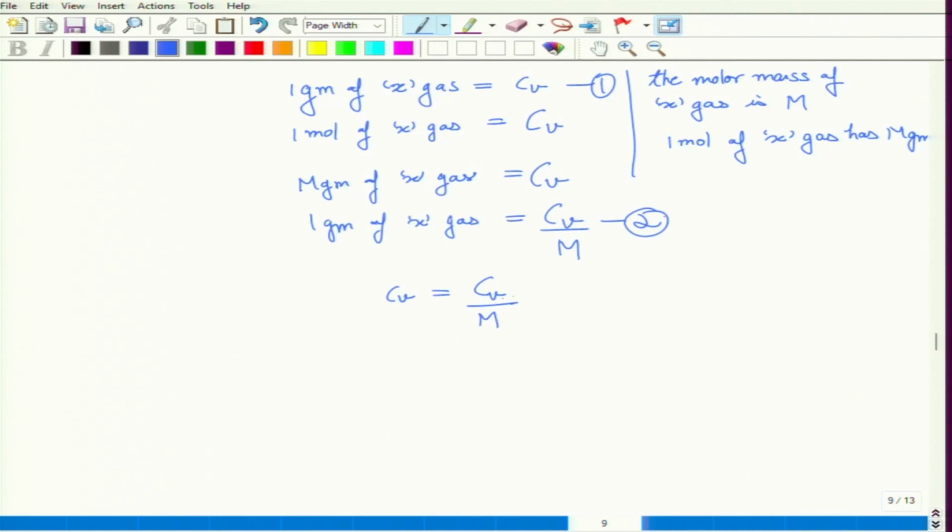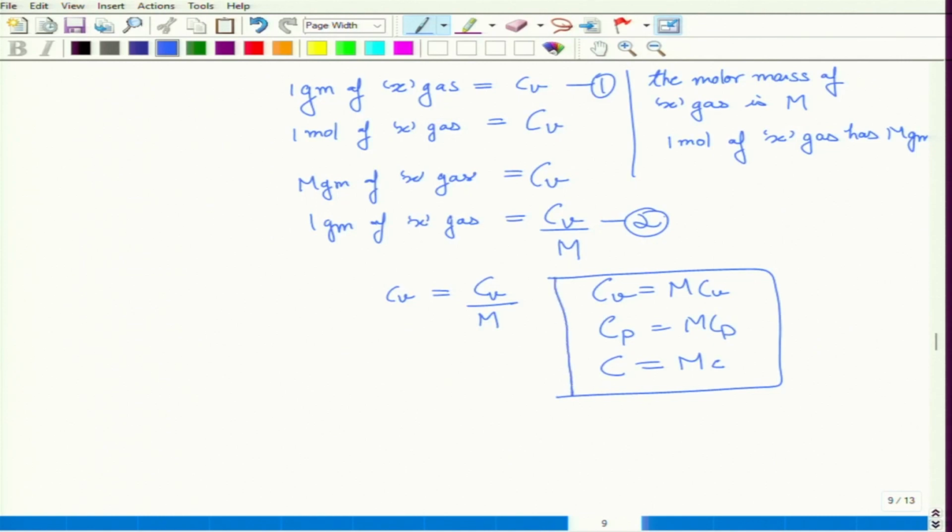Similarly, this is true for all kinds of specific heat, so it doesn't depend on the process. So we come up with the relation: m into Cv, or m into Cp, or in general m into c. That is small c and that is capital C.